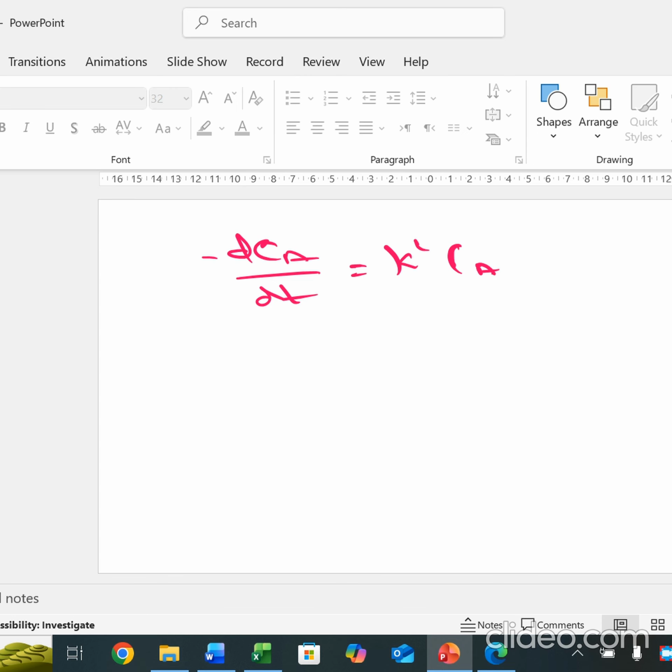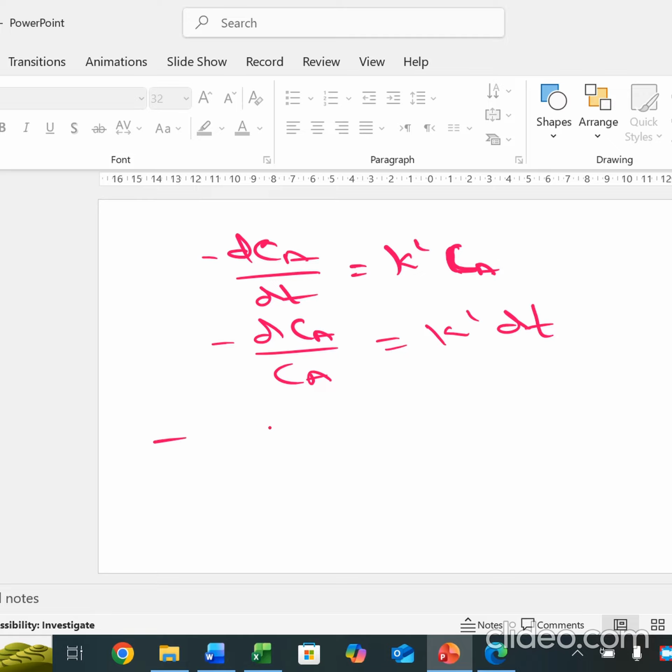Since we put this as 1, that is our order of reaction for CA is 1, therefore we don't need to go to the trouble of looking for a graphical method to evaluate anything. So it will just become K prime dt here.